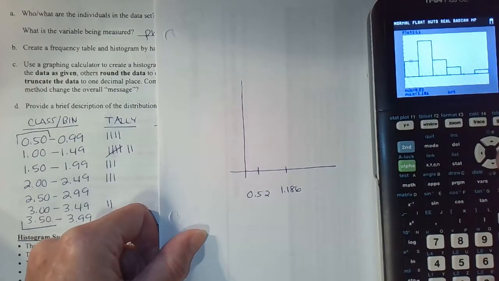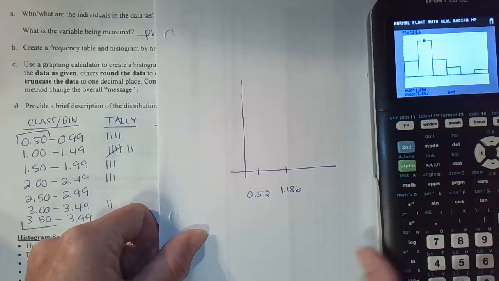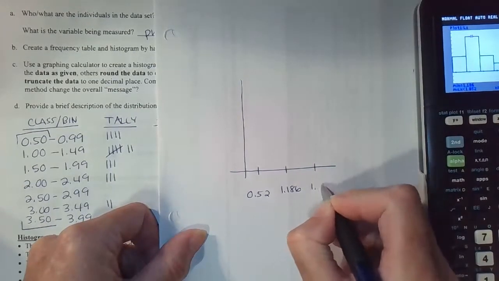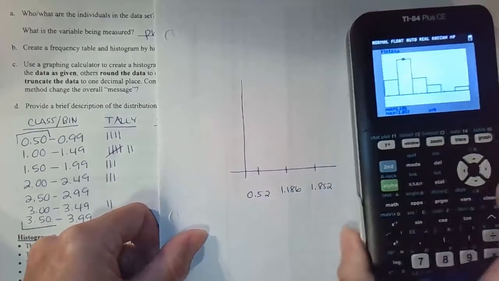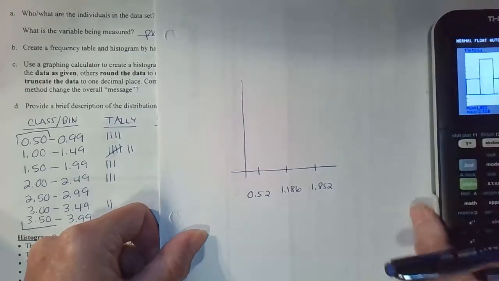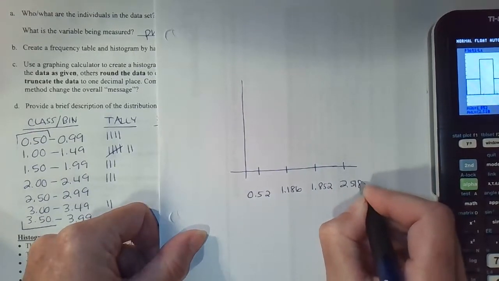Because now when I go to the next one, now the next one starts at 1.186 and goes up to 1.852. Arrow over. This one starts at 1.852 and goes up to 2.518. It's that left end inclusion rule again.